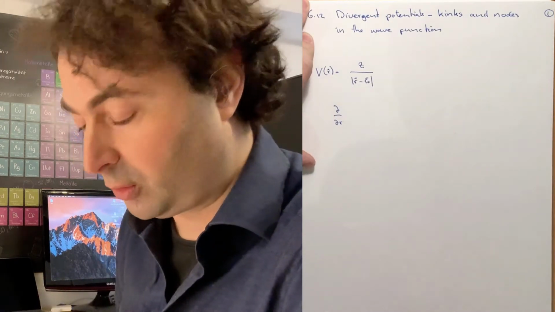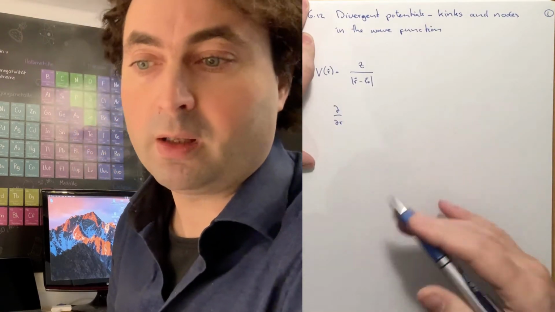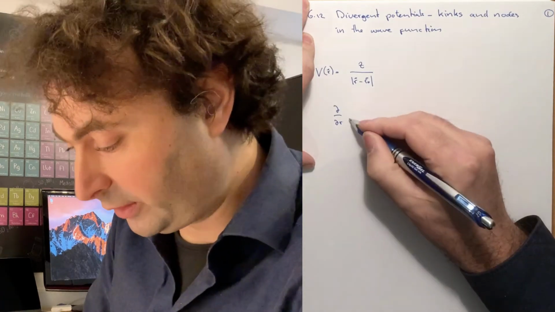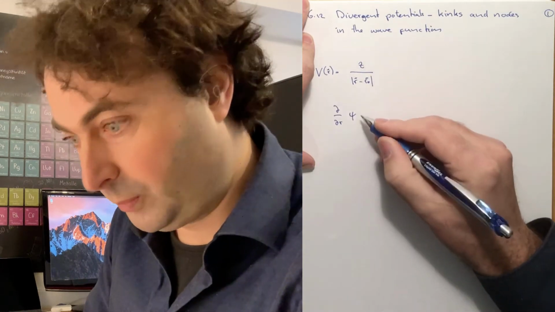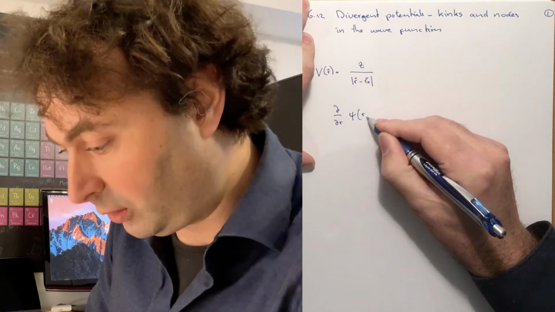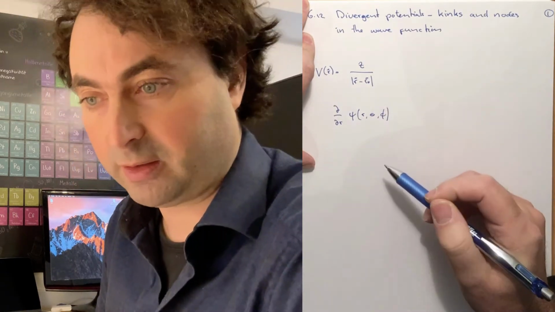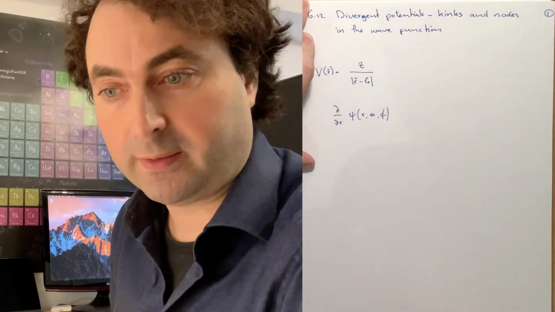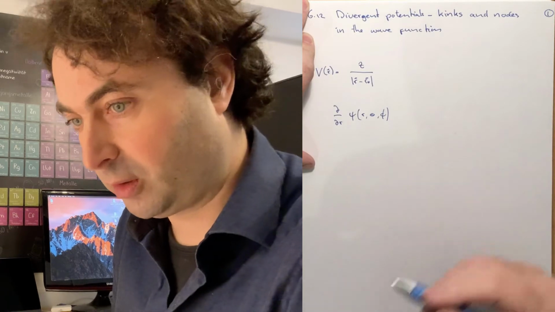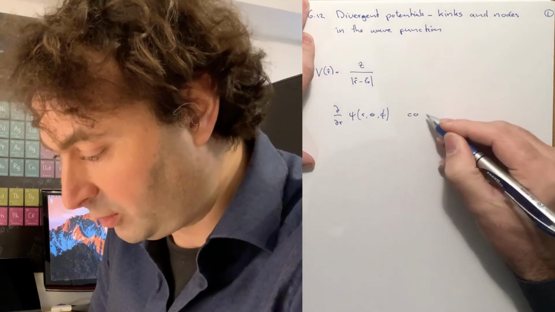You can always choose your coordinate system like this. And then we will use spherical coordinates. So in spherical coordinates we have a derivative with respect to the angular coordinates theta and phi, but we can also look at a derivative with respect to the radial coordinate, and that has to be continuous.